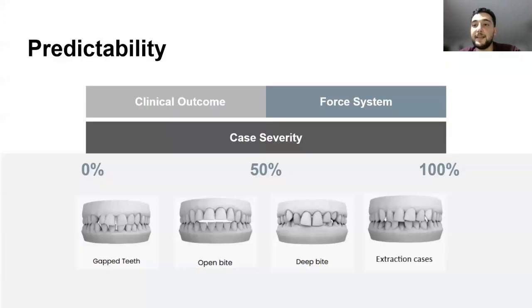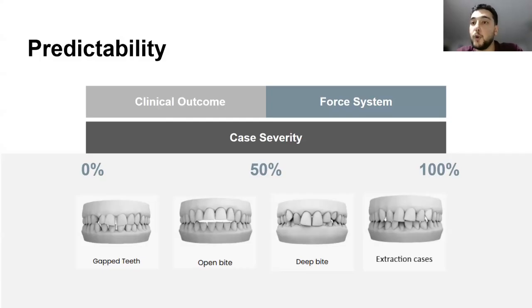And there is this idea that we shared before. In any webinar or, let's say, educational forum about clear aligners, you're always going to hear them say that the clear aligner treatment setup or the 3D simulation is a representation of the force system, not the actual clinical outcome.